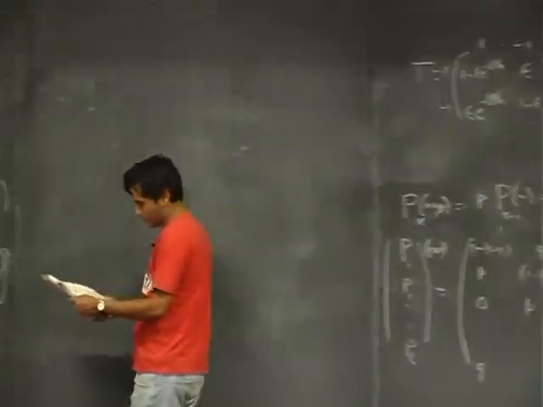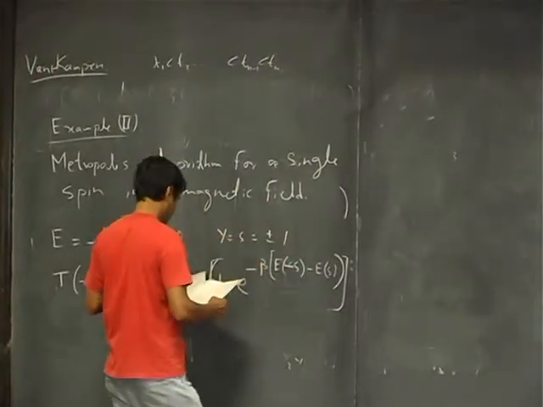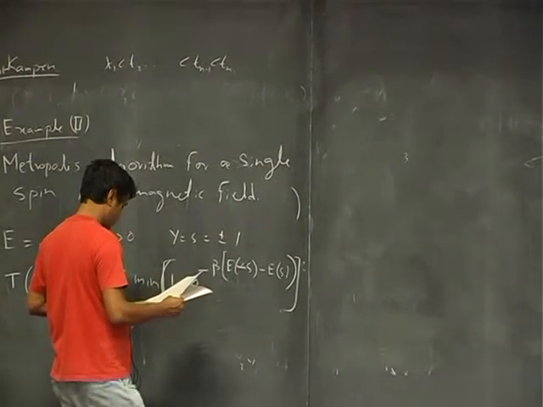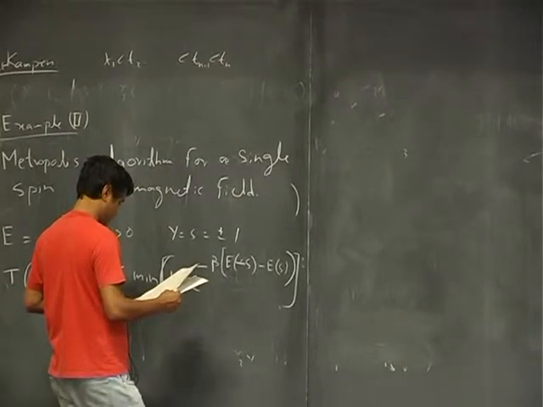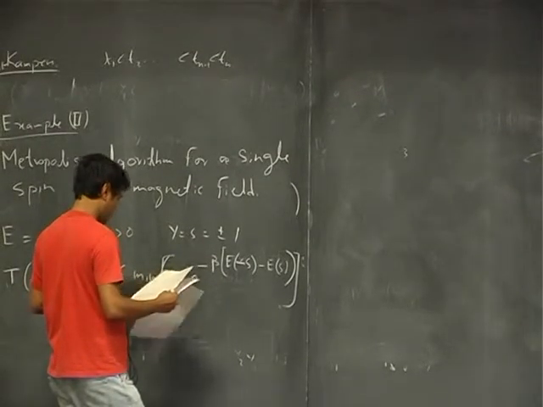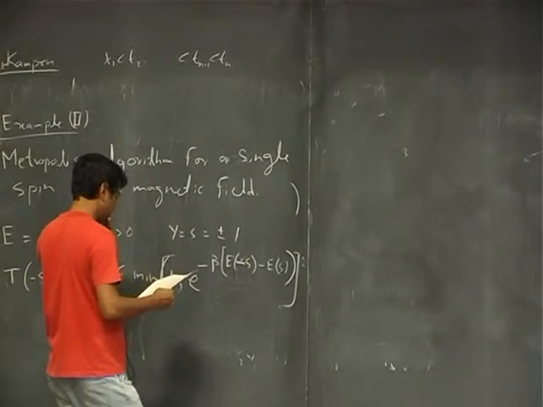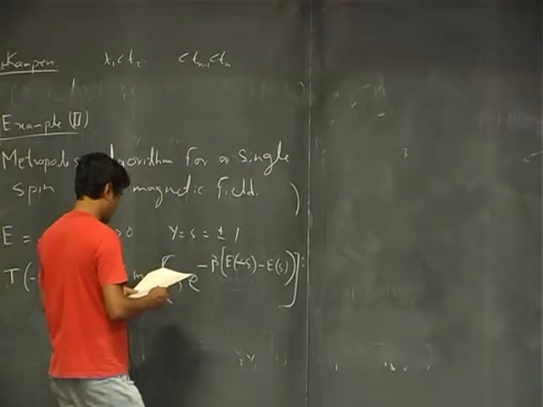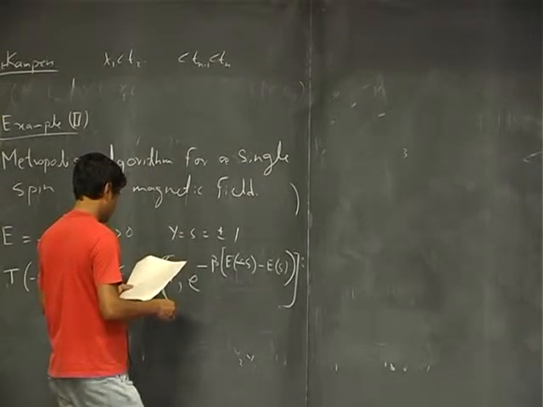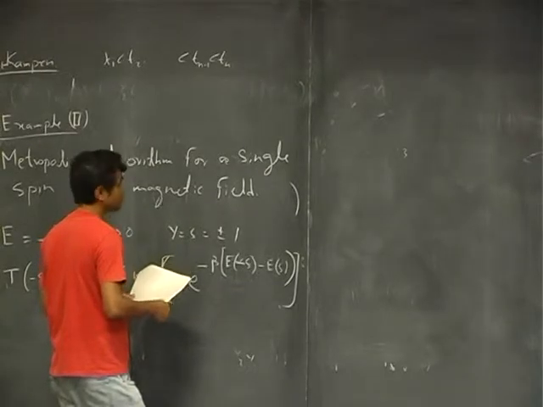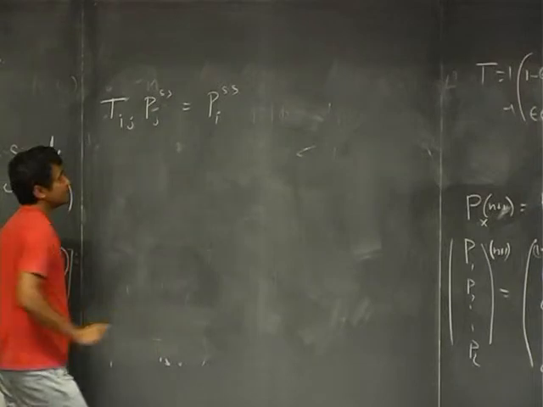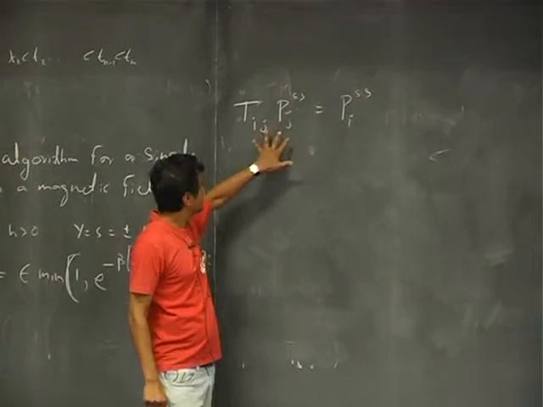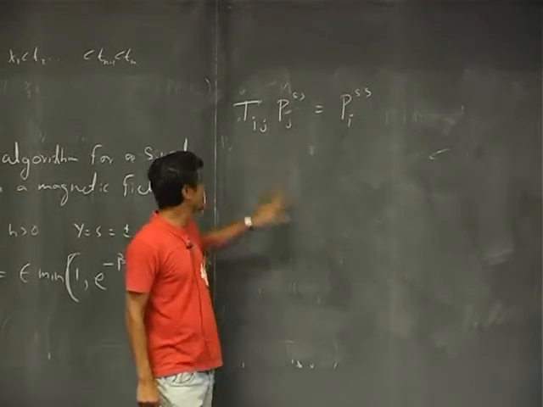Pi is the steady state. If it has reached steady state, then this probability vector should satisfy this equation.